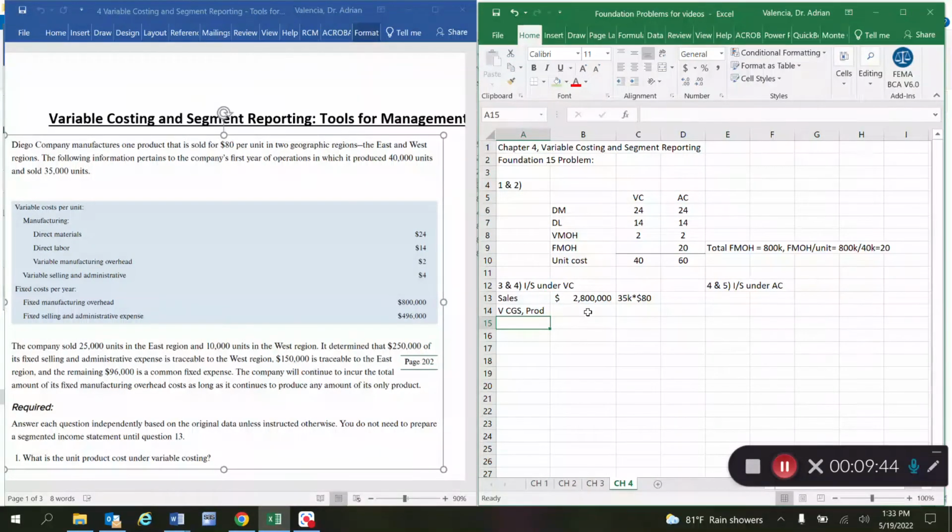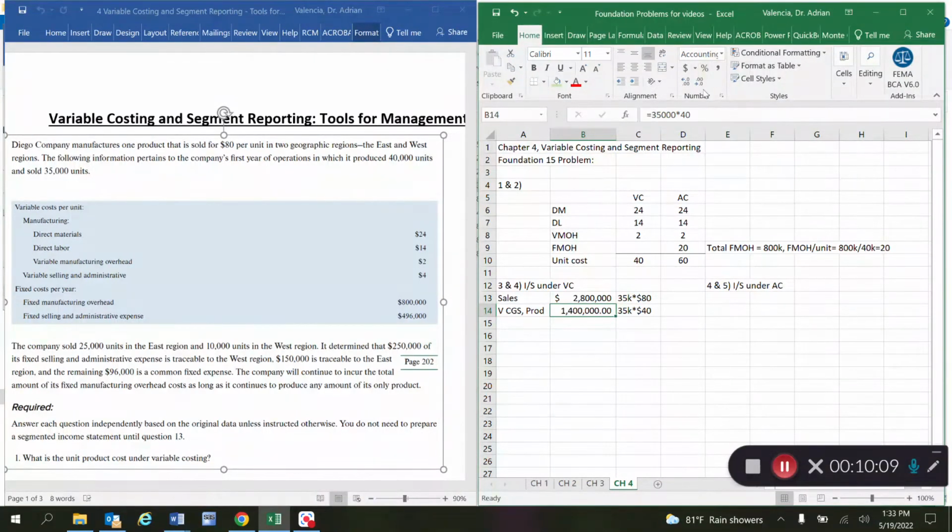So we said that we're selling 35,000 units, and each one of those has a variable cost of $40. So we'll go ahead and do that. And this ends up being $1,400,000.